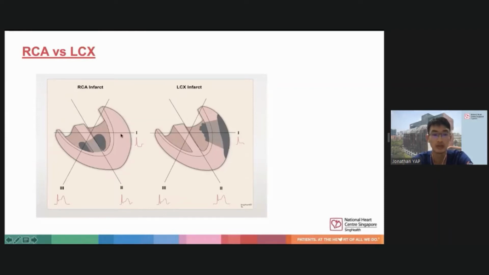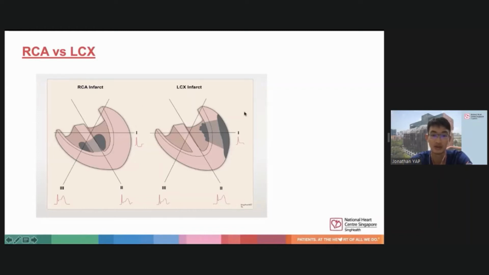So we all know that this is Einthoven's triangle, whereby your limb leads 2, 3, and 1. Lead 1 is facing this direction on the right, if you can follow my pointer. And the inferior leads 2 and 3 are pointing downwards. We know that the RCA comes from the right side. So if you follow my pointer, it comes over this way. And the circumflex comes over from the other side, the left side.